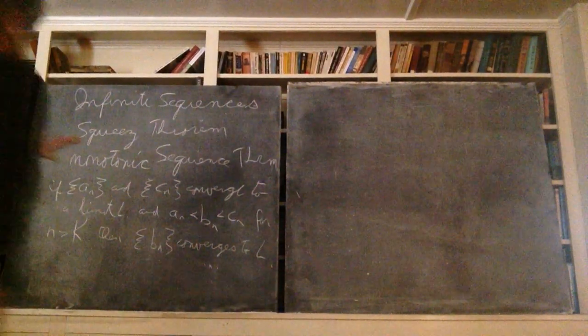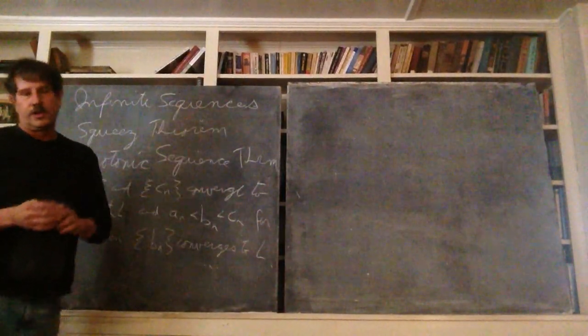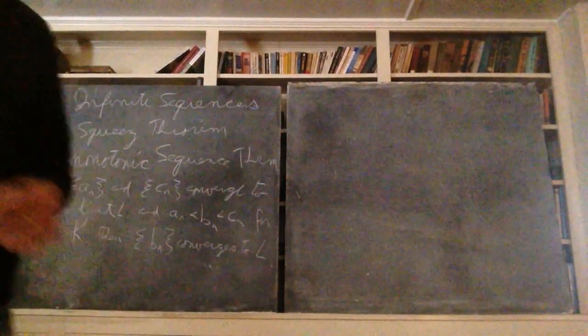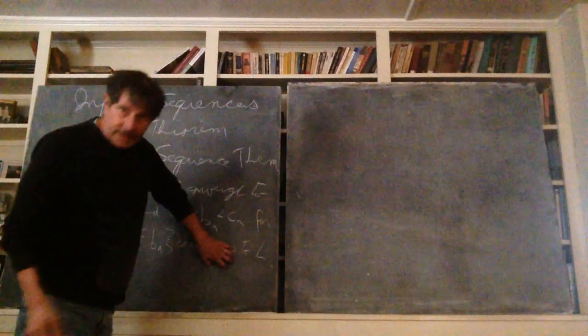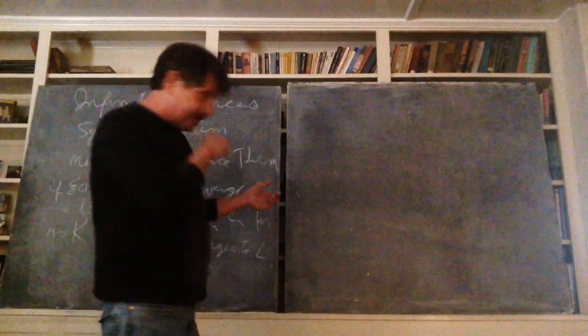Again, the Squeeze Theorem, we use that in analysis to show all kinds of crazy stuff, but here we're not going to be using it too much. Just bring it out because it's important and it's in this particular section.